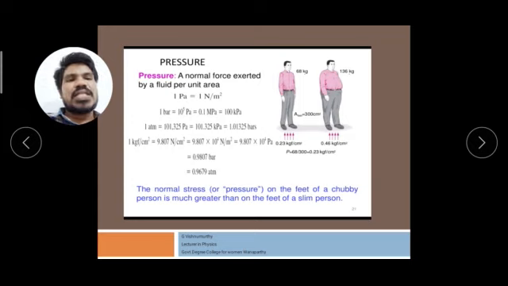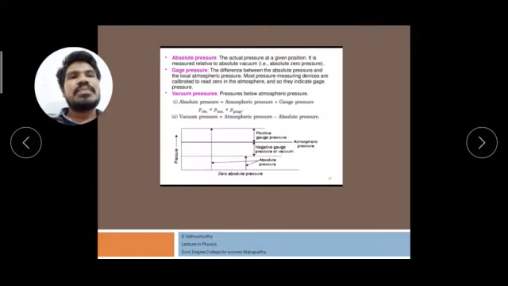The normal stress or pressure on the feet of a chubby person is much greater than on the feet of a slim person. The slim person has 0.23 kgf per centimeter square, but in the case of a fat man, that is 0.46 kgf per centimeter square. So this is about pressure.